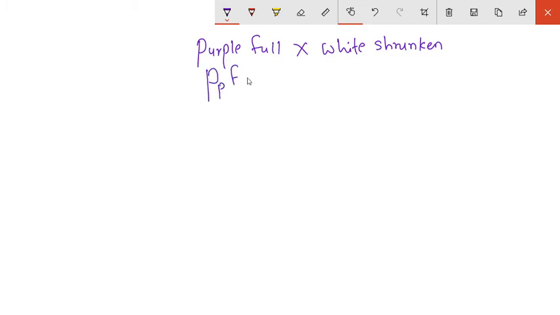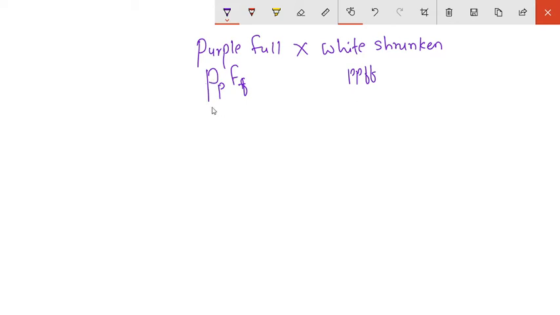Now this F1, that is the F1 purple full, is test crossed, therefore it is crossed with the completely recessive parent, so white and shrunken. Okay, so this purple full is the F1. So capital P, small p, capital F, small f, and here small p, small p, small f, small f.